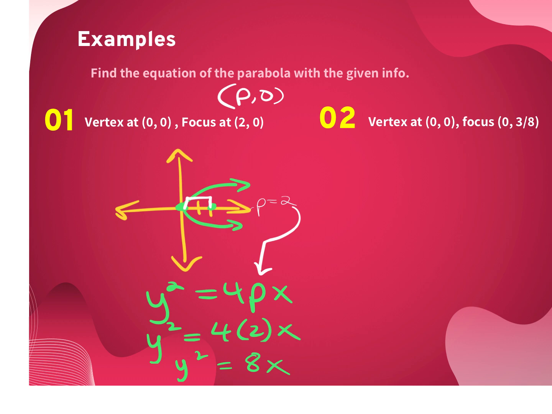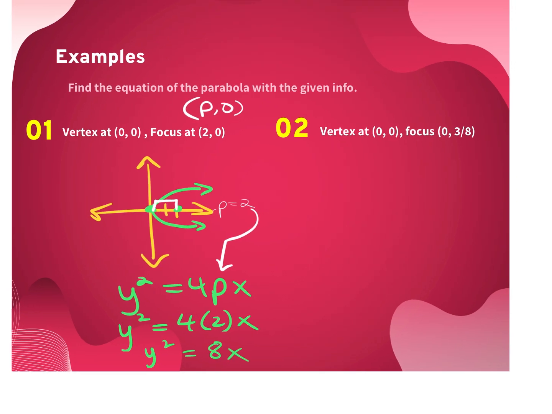Then for number 2, same thing. So again, vertex 0, 0, so this is 0, p. So technically, without giving myself a visual, I already know my p is 3/8. But let me go ahead and give myself a visual though.